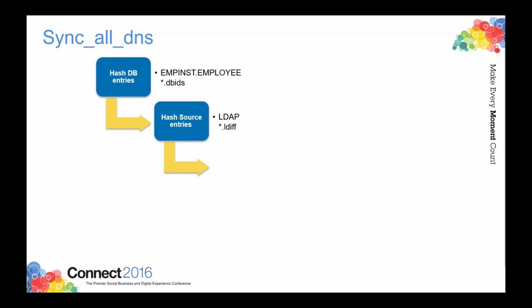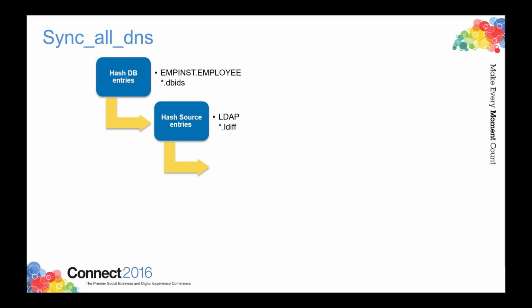So what happens when we run the syncall.dns? That's the main batch file which creates and updates our users. It first hashes the database entries. So it runs through my employee table and creates a hash on the GUID or UID depending on my configuration.